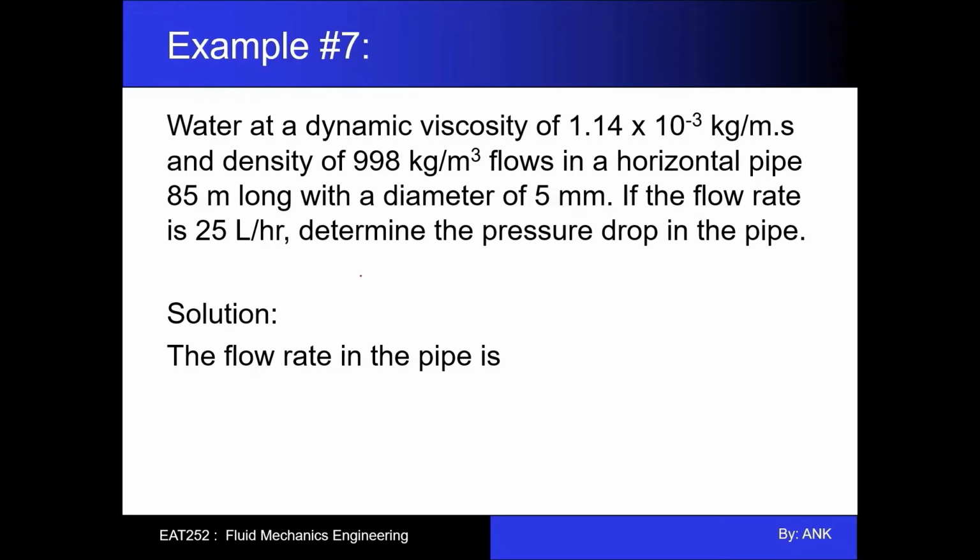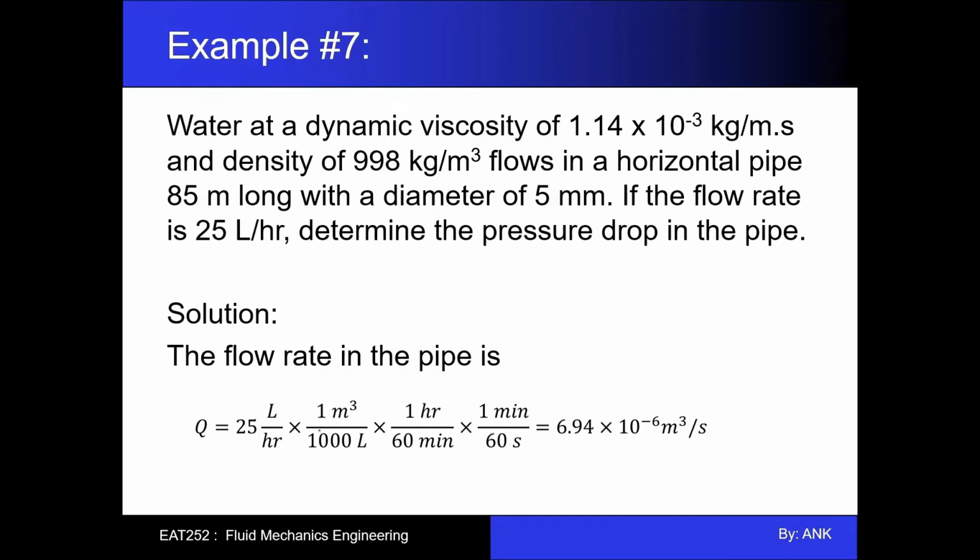Before we solve this problem, we need to convert the unit for the flow rate, which in this question is in liter per hour. We need to convert the flow rate from liter per hour to meter cube per second.